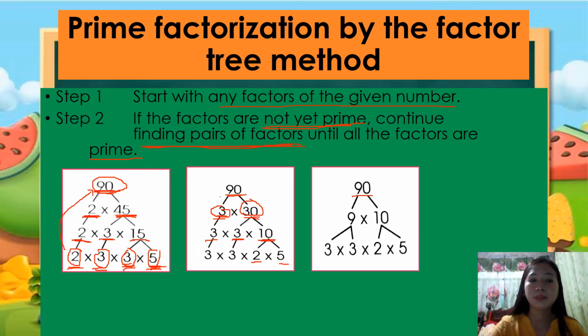If you multiply 2 by 5, the product is 10. So now, digit 3, digit 3, digit 2, and digit 5 are all prime. So, 3 times 3 times 2 times 5 is the prime factorization of 90.